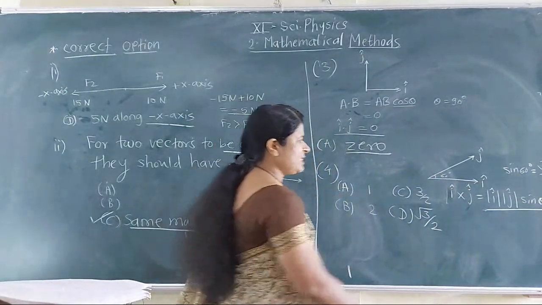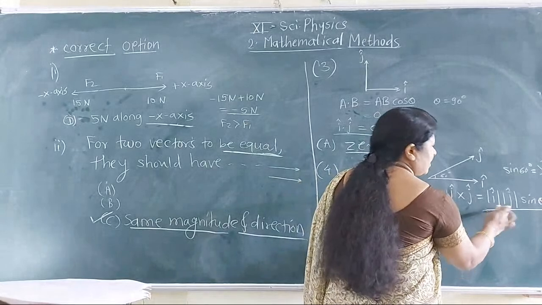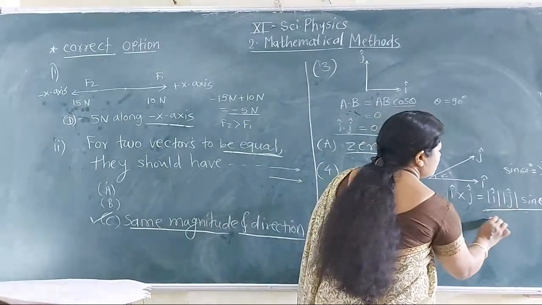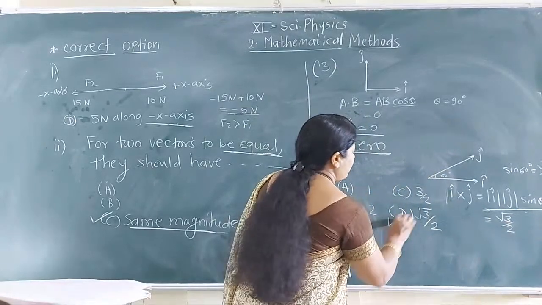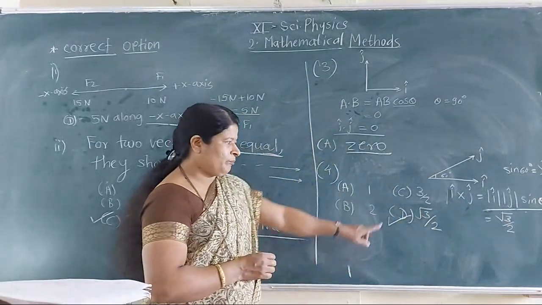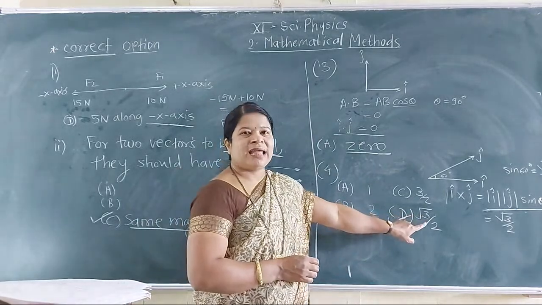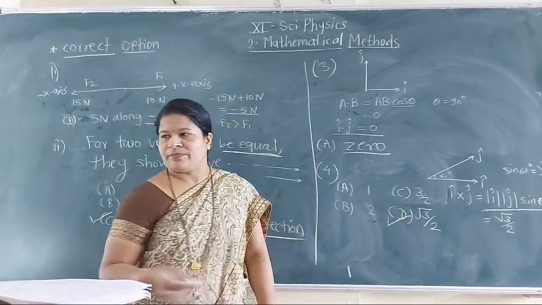Mod of i cap is 1, mod of j cap is 1. So our answer is root 3 by 2. So option number D, root 3 by 2, is the correct answer.